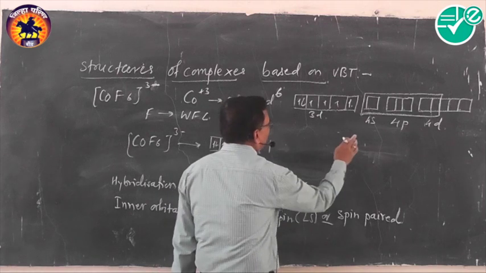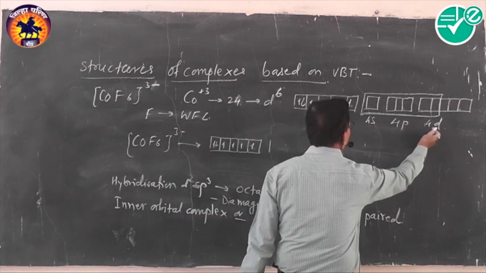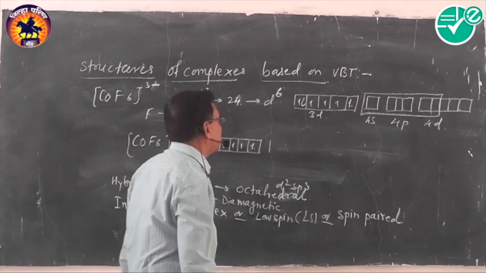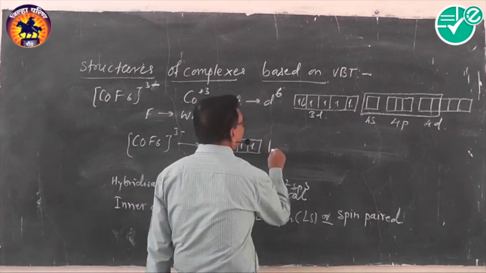These 4s, 3 p and 2 d orbitals undergo hybridization, that is sp3d2.